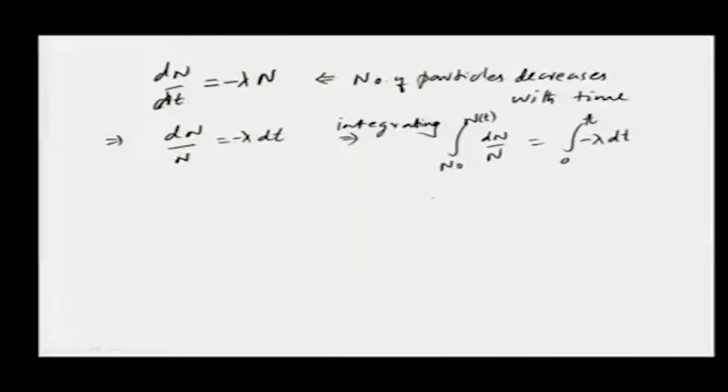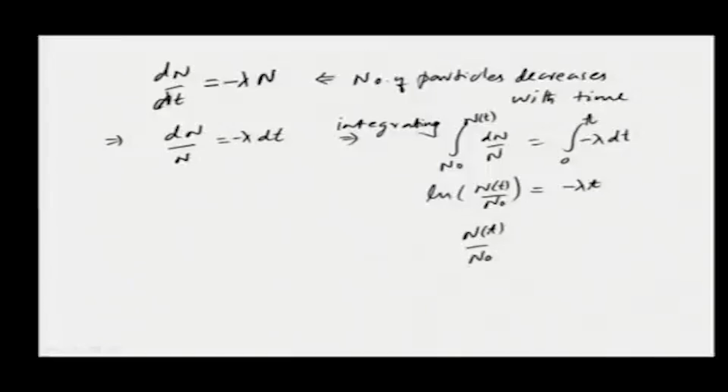On the left hand side, integrating 1 over n dn gives log n within the limits n t and n 0, so log of n t over n 0 equals minus lambda, a constant which is taken out, times the integral of dt, which is t within the limits 0 to t. Now exponentiate both sides.